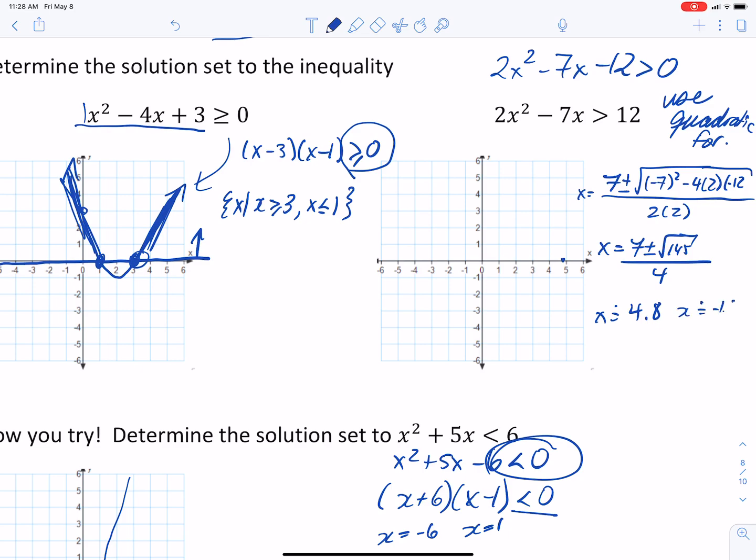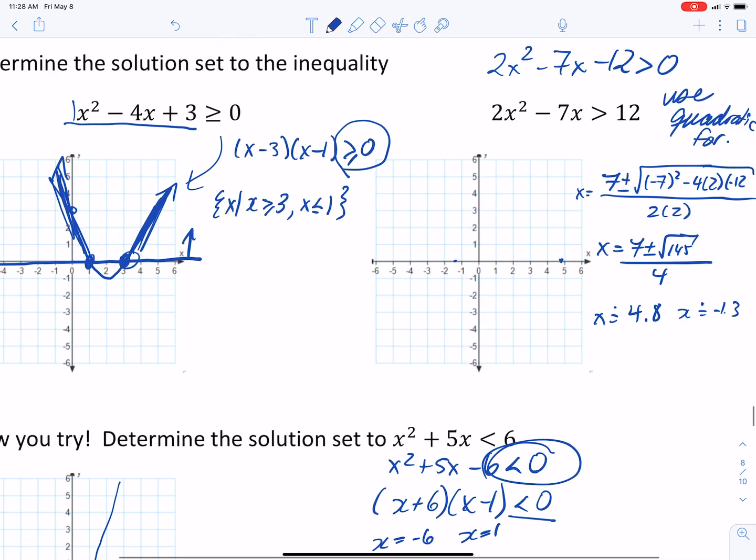So I know that my parabola is going to look something like this. Whoops, I didn't go through that intercept very nicely, but there you have it. Again, it's going to be an open circle here and an open circle there. I shouldn't have drawn those as dark circles. They're open because those values are not included, right? I don't have this, so they are not included.